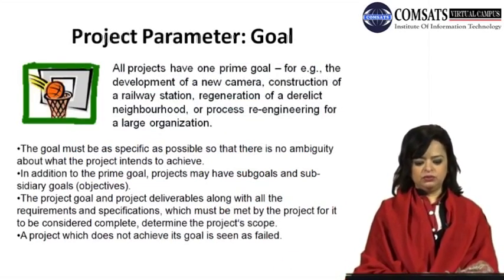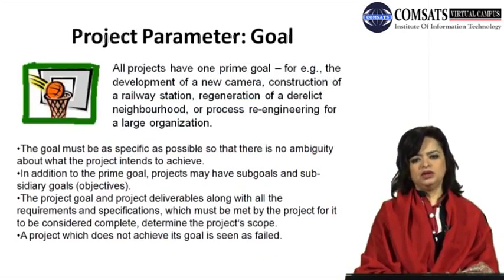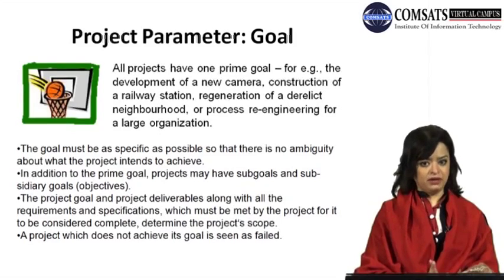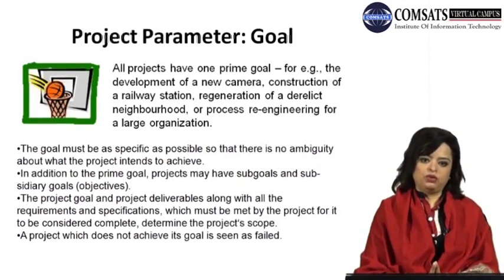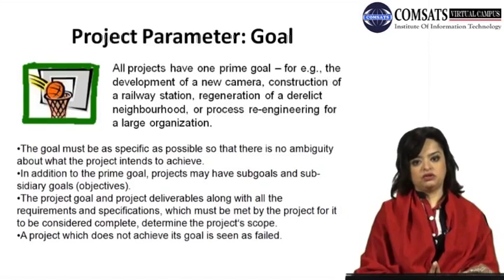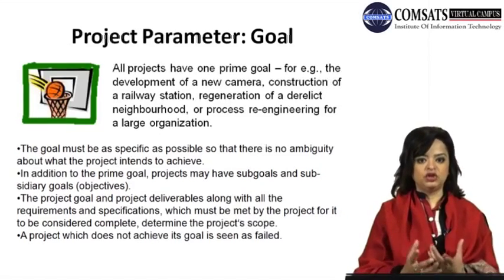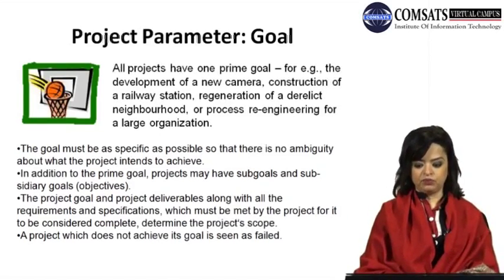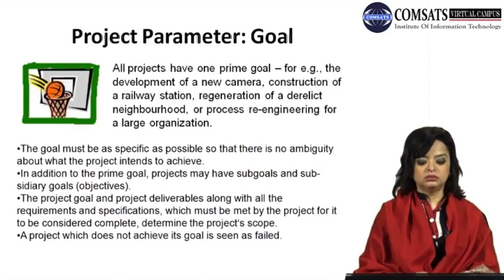So let's read this slide and look at the project parameters and the goals of it. All projects have one primary goal. For example, the development of a new camera or any new product, construction of a railway station, a very tangible kind of project, regeneration of a derelict neighborhood, or process re-engineering for a large organization.